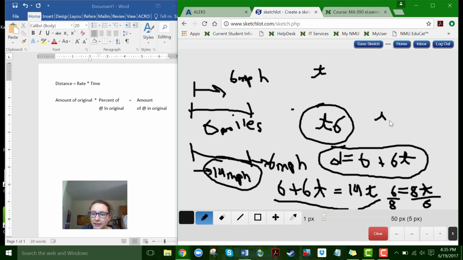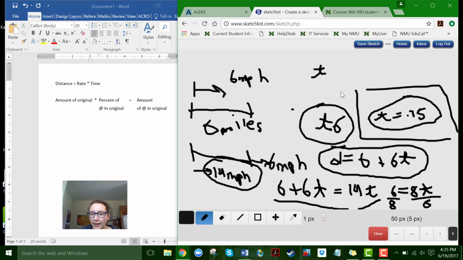So t is 6 over 8, or 0.75. Now we want to look back at what this means. t was the time that it took for the biker to catch up to the runner. So that's our answer, in hours.